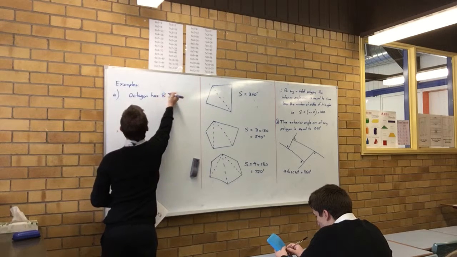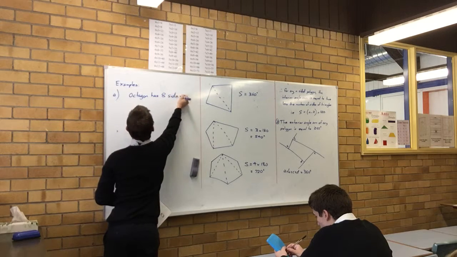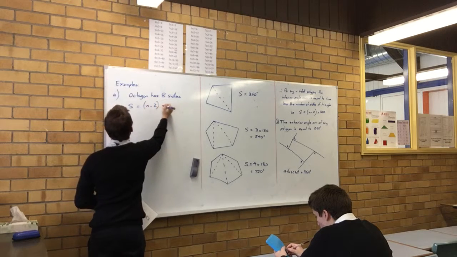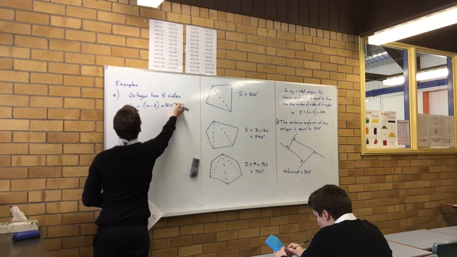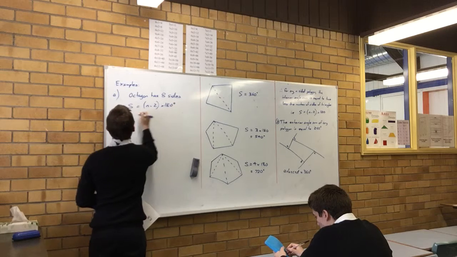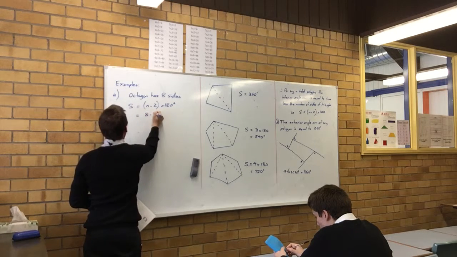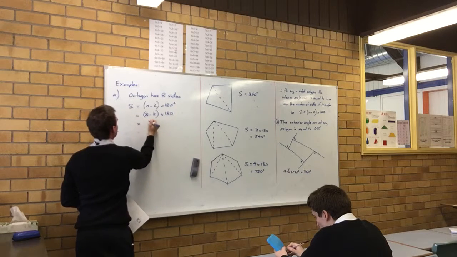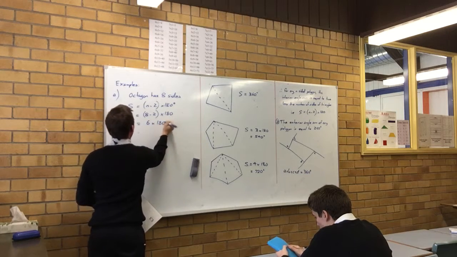So an octagon has 8 sides. Capital N for sum, which will be n take away 2, where n is the number of sides. So it's going to be 8 take away 2, times 180, so it'll be 6 times 180.